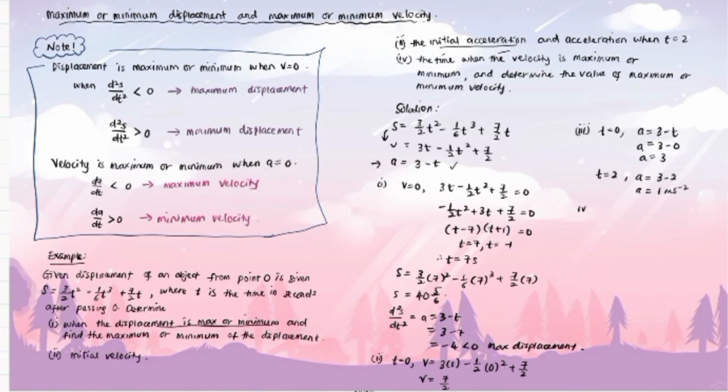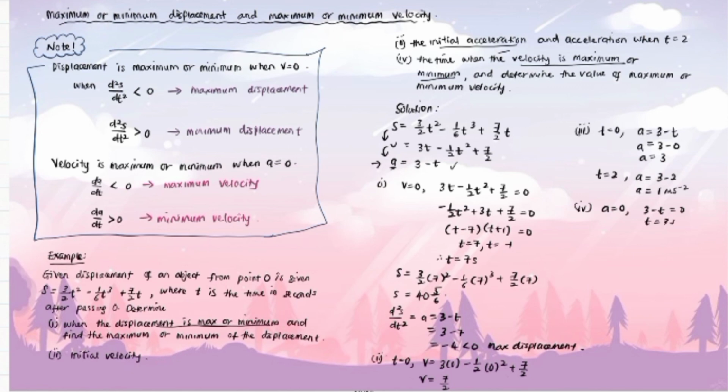Okay, for the last question, the time when the velocity is maximum or minimum, and determine the value of maximum or minimum velocity. So for this one we look at the function below v, which is a, so we set a is equal to 0. So 3 minus t is equal to 0, so t is equal to 3.